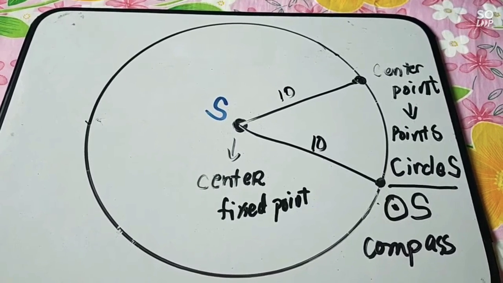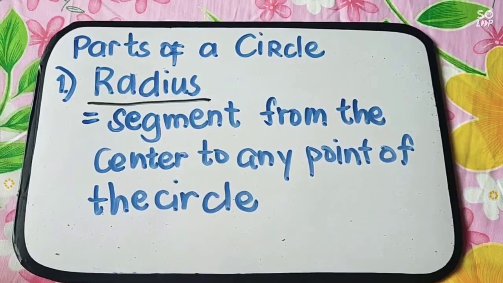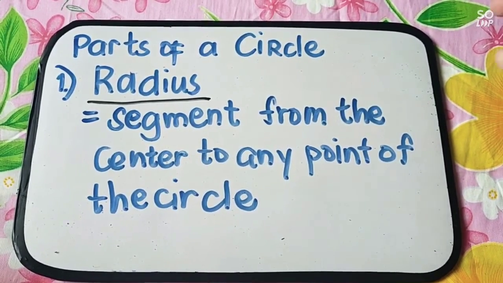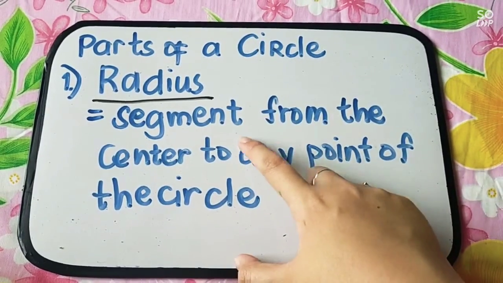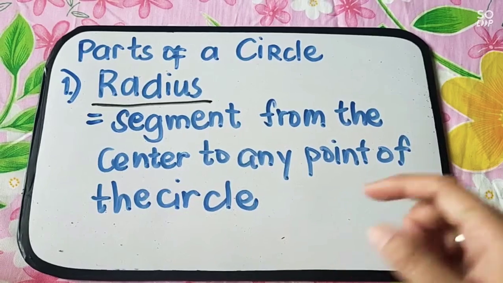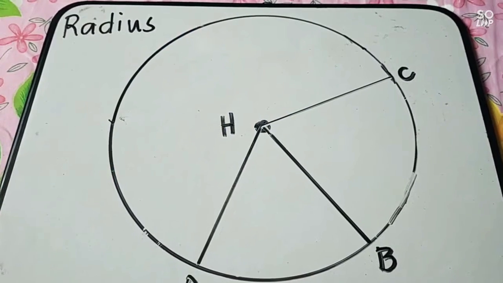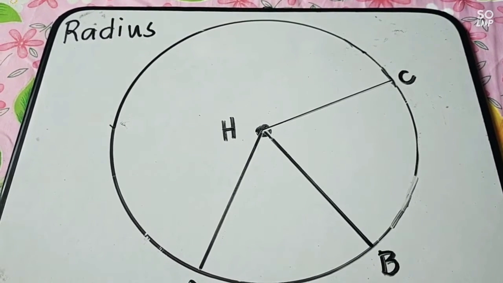Okay? Let's move with the parts of the circle. Let's have the first one. We have what you call radius. So when you say radius, it is the segment from the center to any point of the circle. Let us consider this figure. Let us find all the radius.